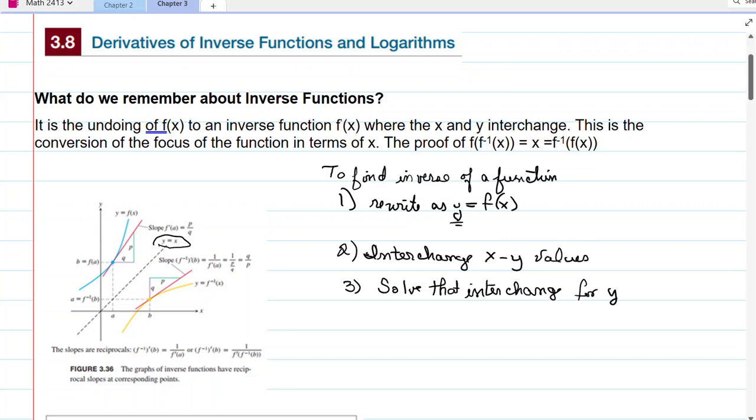But here's the last and most important step. We have to again rewrite that y, because it's an inverse, as f inverse of x. This is very critical. And so as we go further, we'll be talking about that.